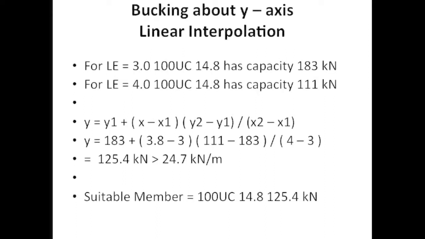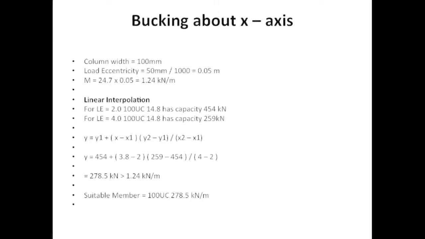This gives us a total of 125.4. We then go to our tables and we work out our suitable member is 100 UC 14.8 for 125.4.